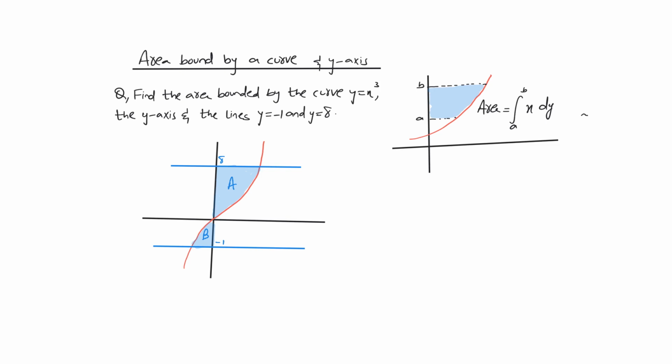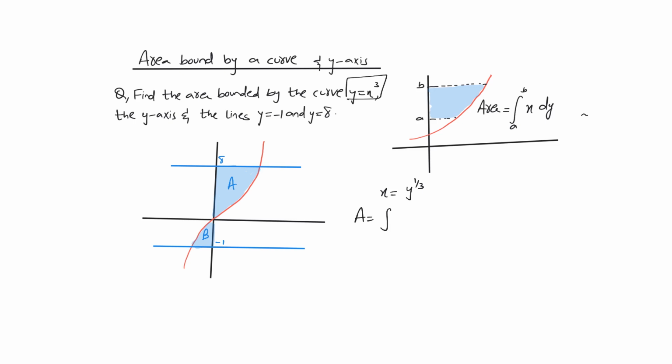You know that this equation was y equals x cube. If you make x the subject, you get x equals the cube root of y. So in order to find the area, you need to have a function in y.